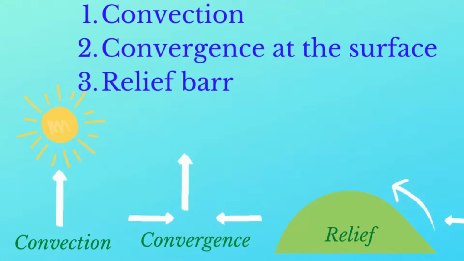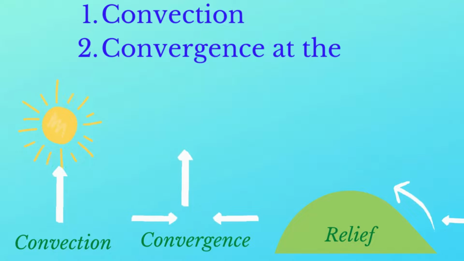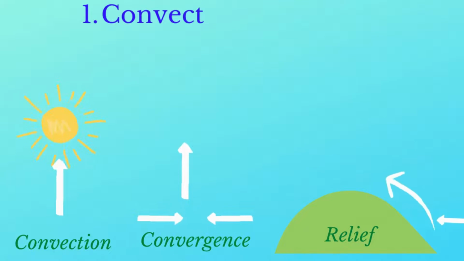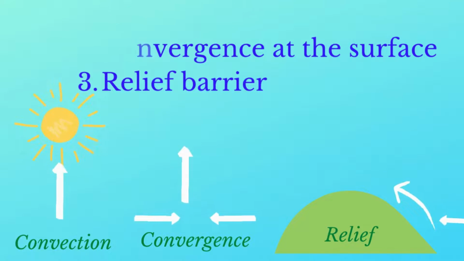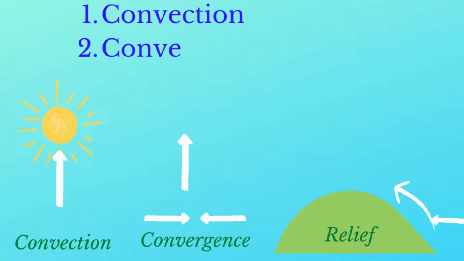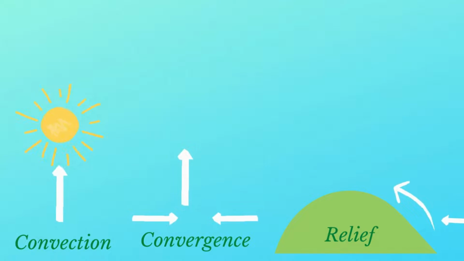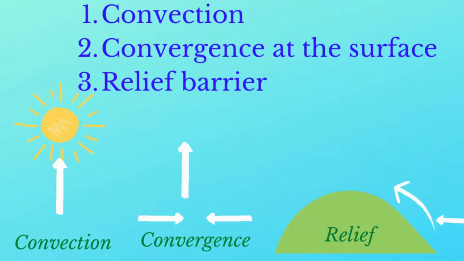Convergence involves air flowing into a particular point. When this occurs at the surface, the air is forced to rise. Relief barriers, such as hills or mountains, also force air to rise.